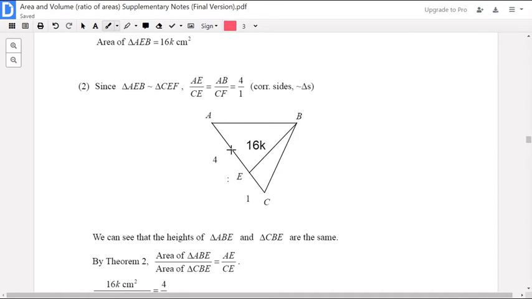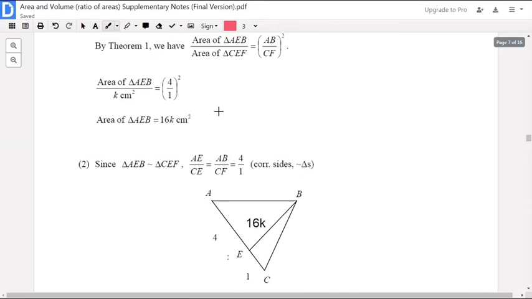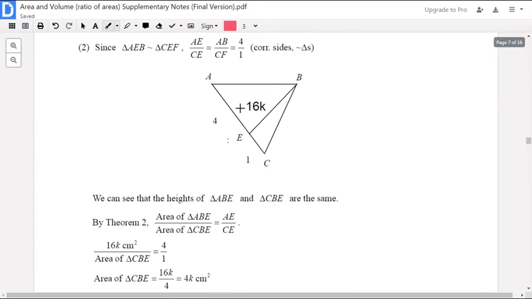And we know that the area of ABE is 16K by the previous part. These two triangles are not similar. However, they are of the same height.